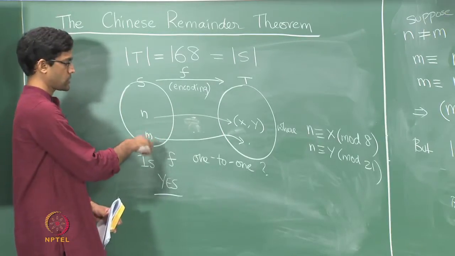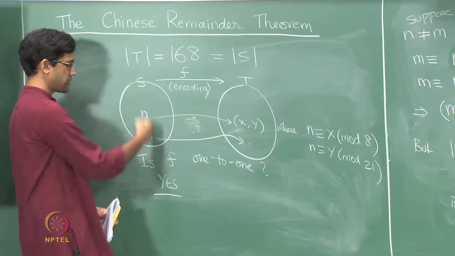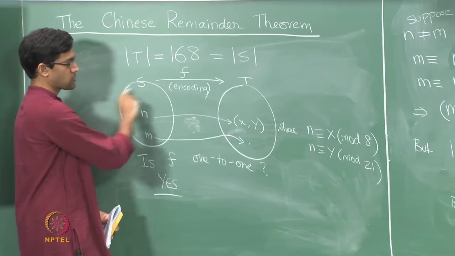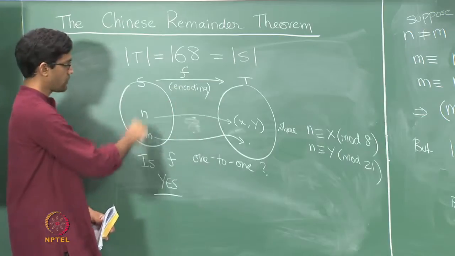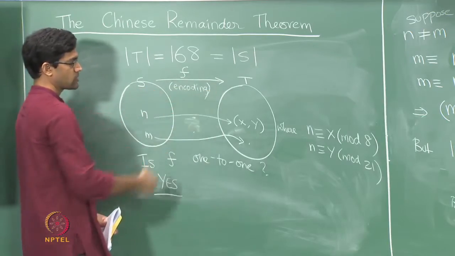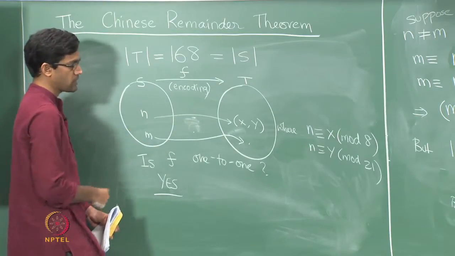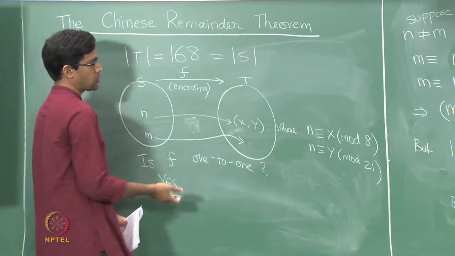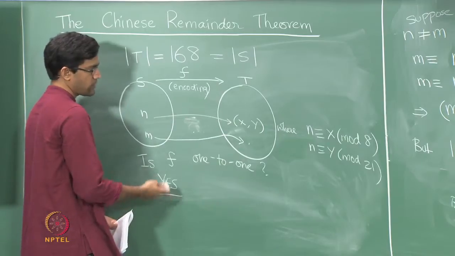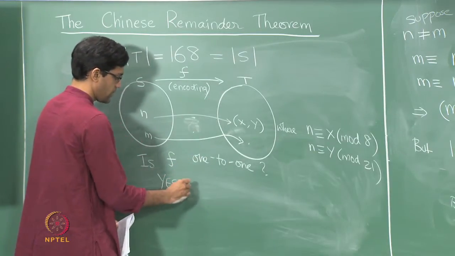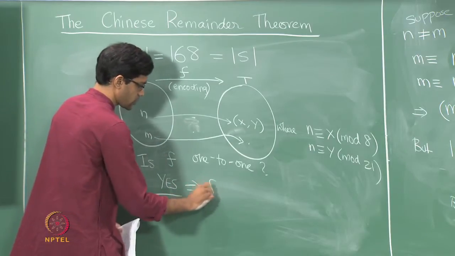Okay, because what is the image of S under this function? Well, every fellow here maps to a different point. So the total number of different points that you'll get in the image is exactly 168. Okay, so the image has size 168, but the set T also only has size 168. So the image had better equal the entire set T. So yes, and further this implies that f is also onto.